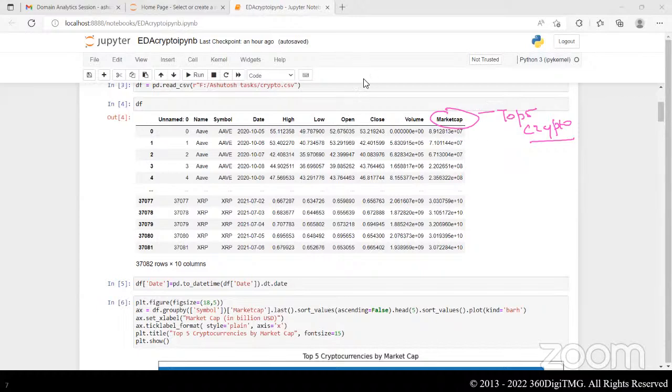And for that, I am using pandas to_datetime on the data frame's date column, and whatever values I get, I store into this new variable, and I'm plotting the plot over here.